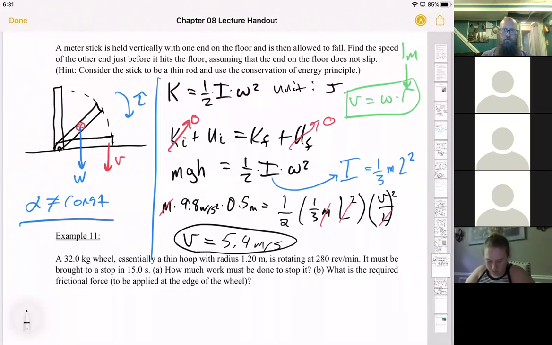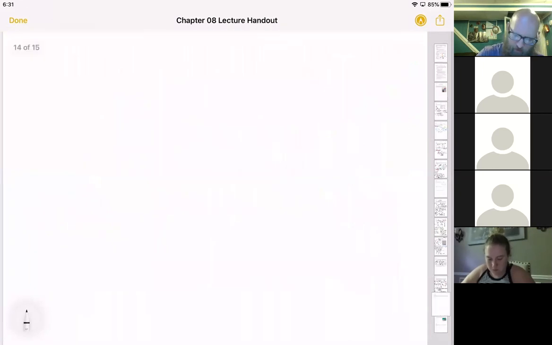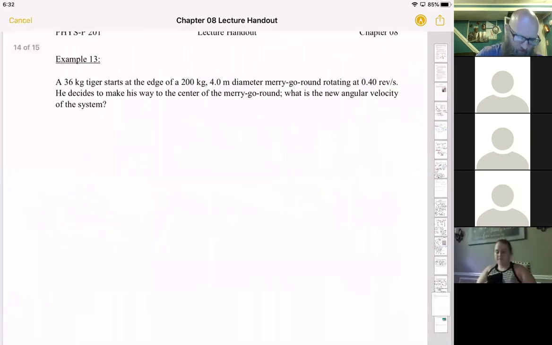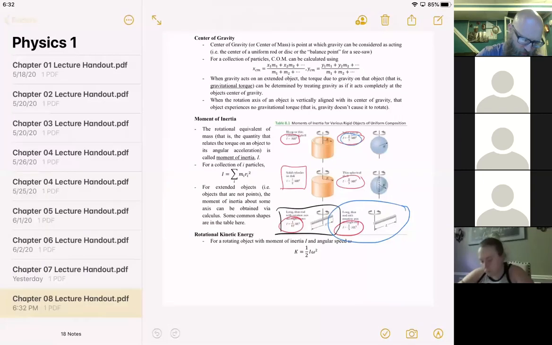Okay, there's one more concept in this chapter. So let's talk about it. And that last concept is angular momentum. So let me remind you of angular momentum. Again, it's in the pre-lecture video.